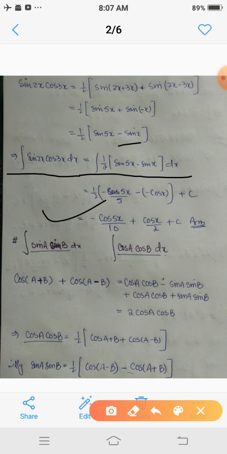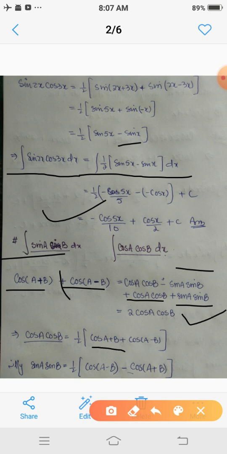Now the third type is sine a sine b and cos a cos b. We know that cos (a plus b) plus cos (a minus b) is cos a cos b minus sine a sine b plus cos a cos b plus sine a sine b, which implies that it is twice cos a cos b. Hence cos a cos b equals 1 by 2 (cos (a plus b) plus cos (a minus b)).